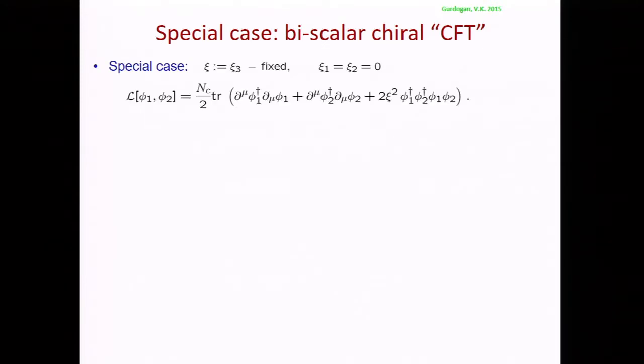So we are left with a theory which we call bi-scalar chiral conformal field theory. It's presented here. You have 2 out of 3 complex scalars left, and also their chiral interaction. You have this term, and the Hermitian conjugate is absent.